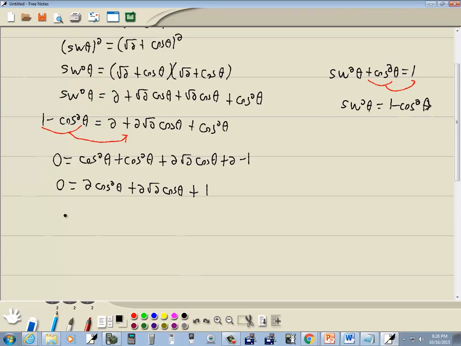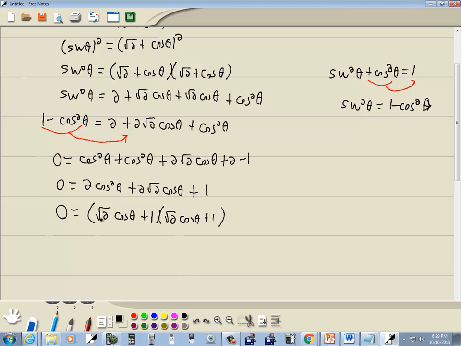Now this factors, and it factors as square root of 2 cosine theta plus 1 times square root of 2 cosine theta plus 1. When I was factoring it, I had to think, well, what would give me the 2 square root of 2 here if I multiplied it back through?